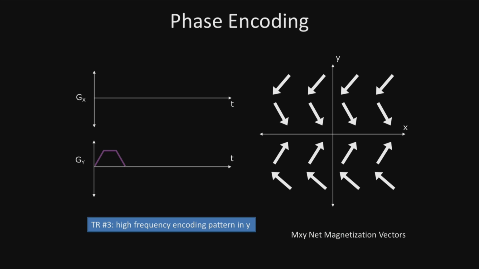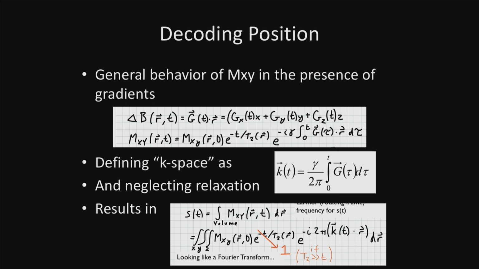So this is the way you can look at this in terms of net magnetizations. The framework that turns out to be really useful for imaging is this concept that's known as K-space. K-space is a way that we're representing the cumulative effect of our gradients. The important thing to know with gradient pulses or any sort of gradient field is that they're adding phase onto our net magnetization.